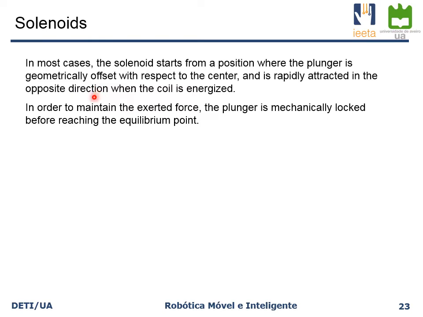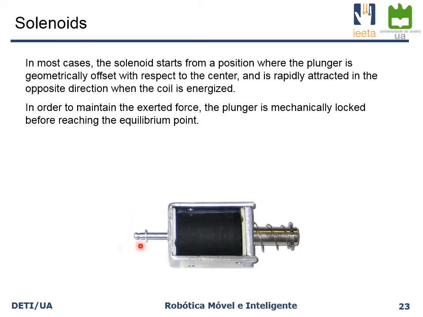And in order to maintain the exerted force, that is, in order to not allow the plunger to move into the position where there is no force at all, there is normally a mechanical lock which does not allow the plunger to reach the equilibrium point. You can see down here an example of a simple solenoid.